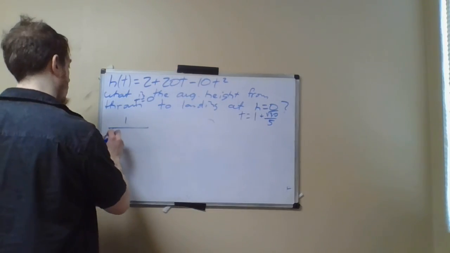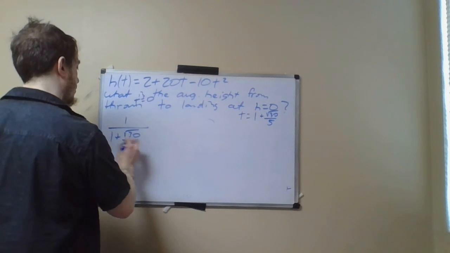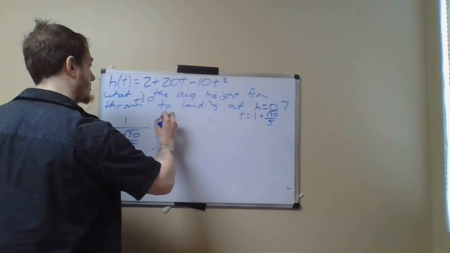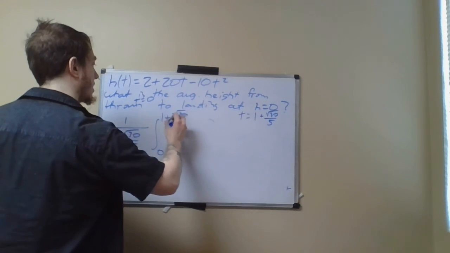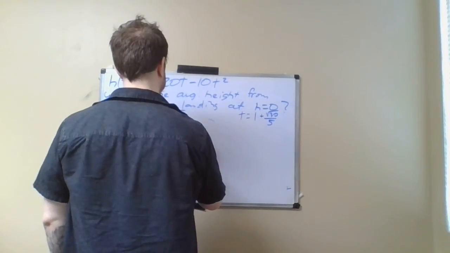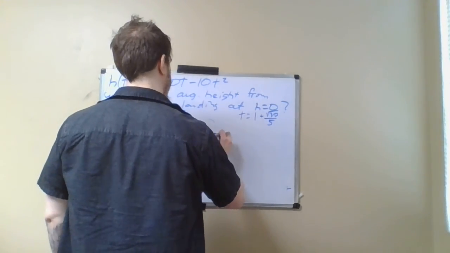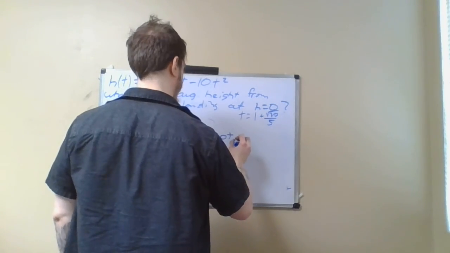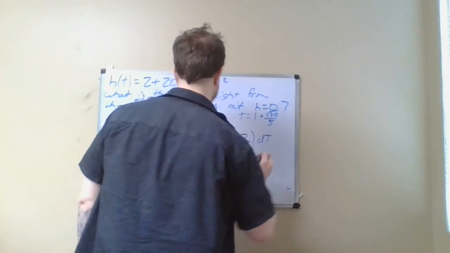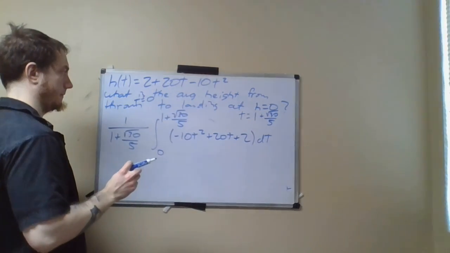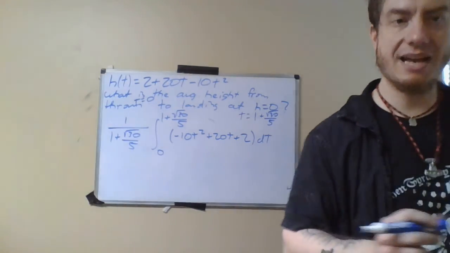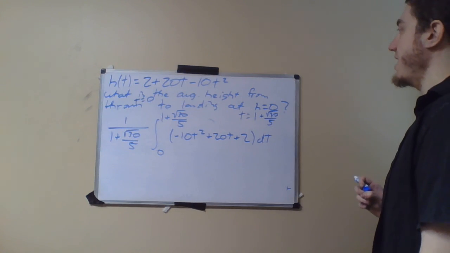Well, we're going to have 1 over 1 plus square root 30 divided by 5 times the integral from 0 up to 1 plus square root 30 divided by 5 of this h function, negative 10t squared plus 20t plus 2, dt. And there we go. That's pretty much all that we can really say about this.